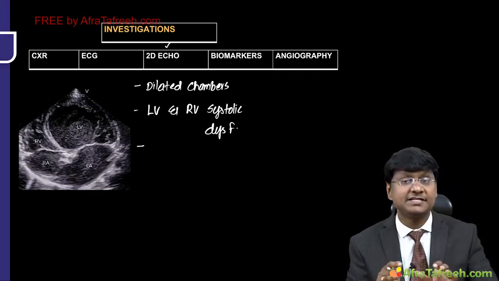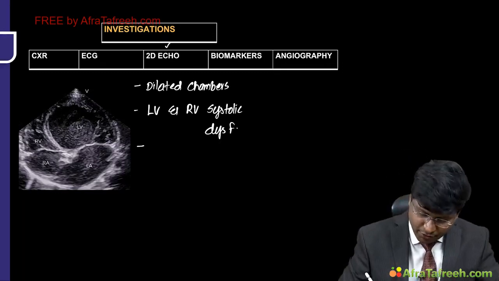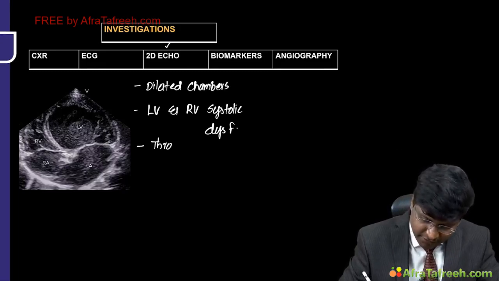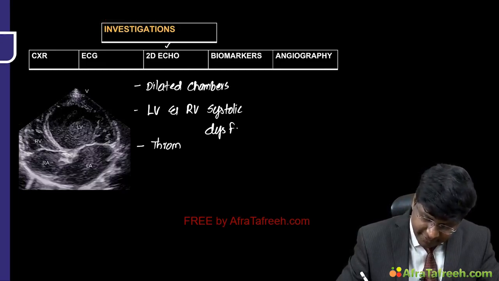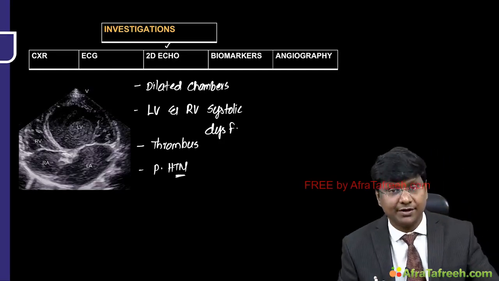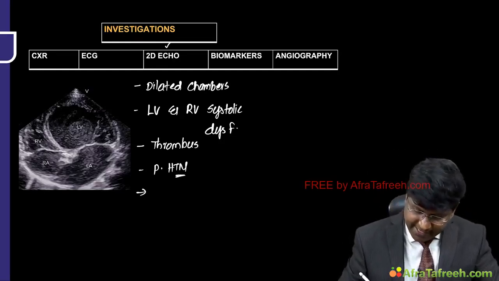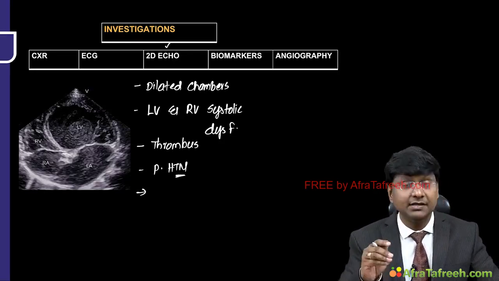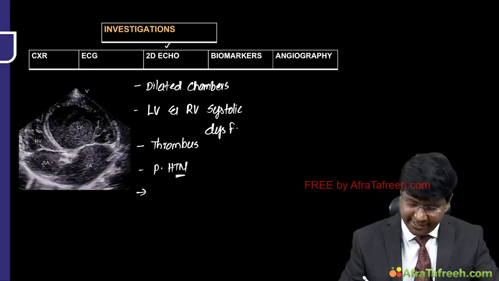And if there is thrombus formation, you will notice the thrombus within the left ventricle or within the atria, and there can be development of pulmonary hypertension, and that can be measured by two-dimensional echocardiography, right? And the other points are the functional MR and functional TR.